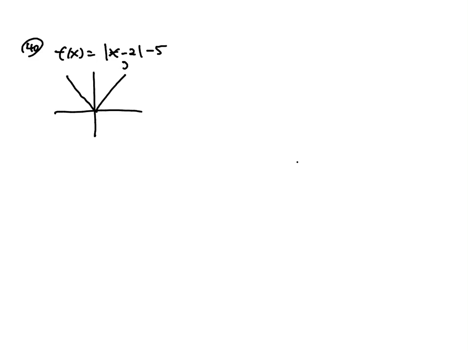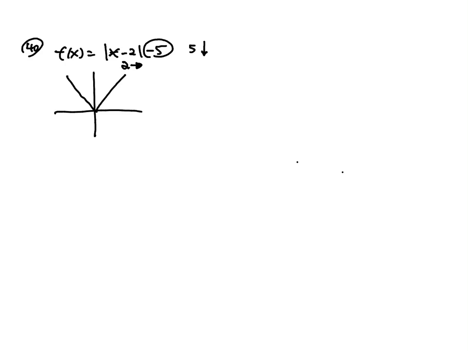Alright, number 40. You got f of x equal absolute value of x minus 2, minus 5. So this means I start out with a V shape because of the absolute value. This means 2 to the right, and this means 5 down.